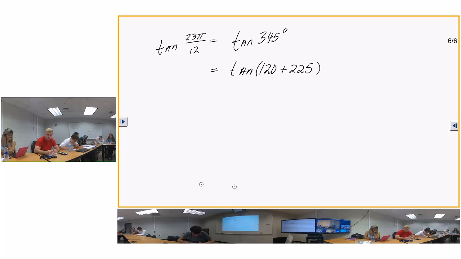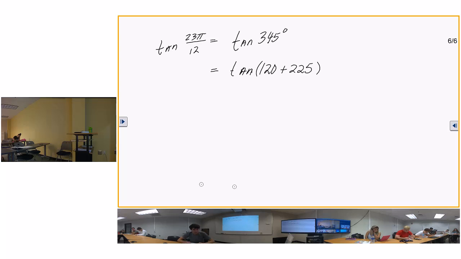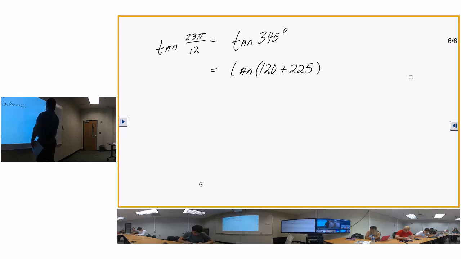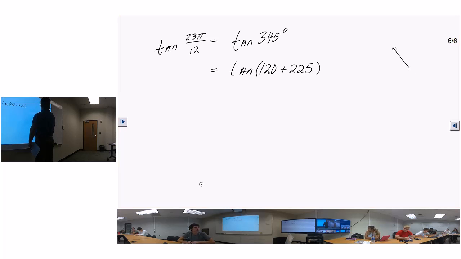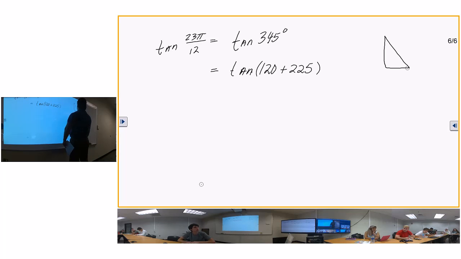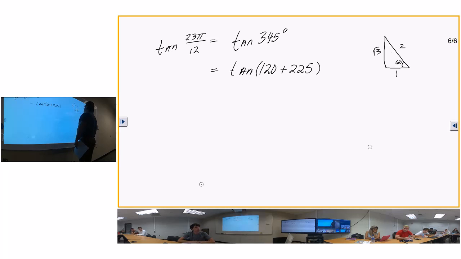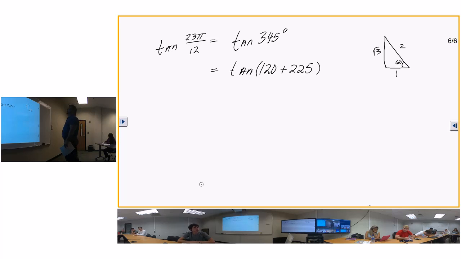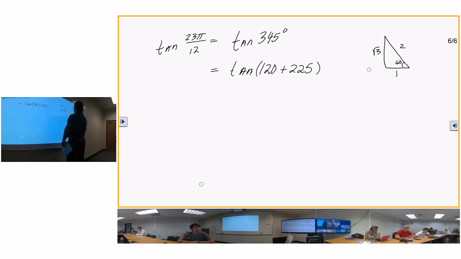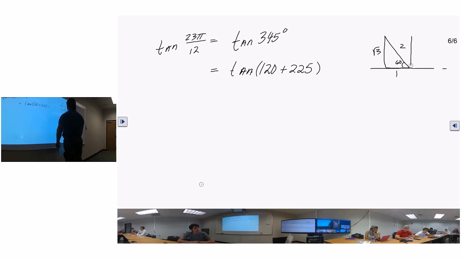So you're talking about 120. Well, 120 is a 60-degree what? 60-degree angle. That's right, class. Good job. 1, square root of 3, 2. And then the 225 is 45 plus what? 180. So it's in the what? Third.